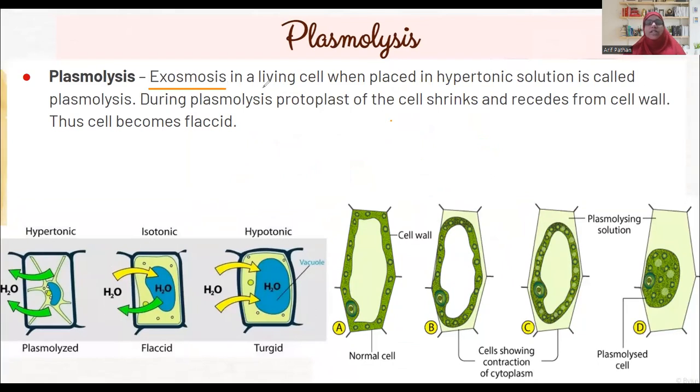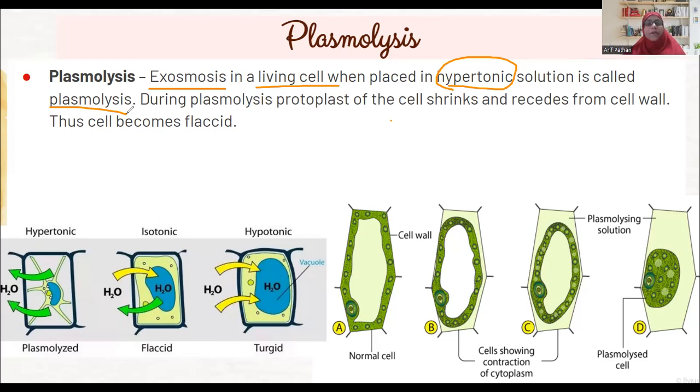When exoosmosis in a living cell happens, and we know when does exoosmosis happen? When you place the cell in a hypertonic solution, not in a hypotonic solution, then plasmolysis will happen. Now, when we are talking about that flattening of the cell, that is one step to plasmolysis.